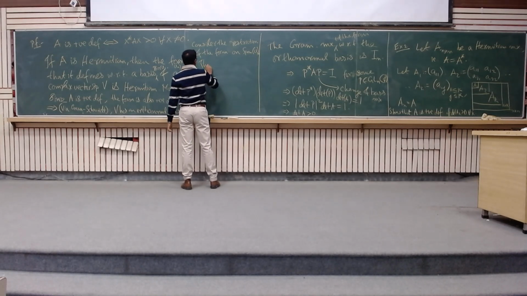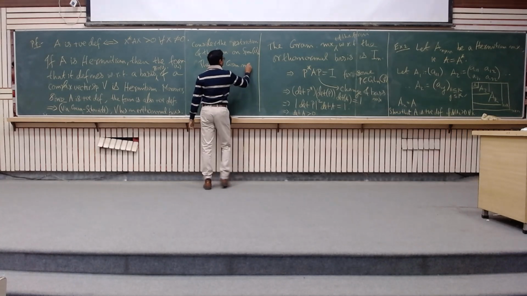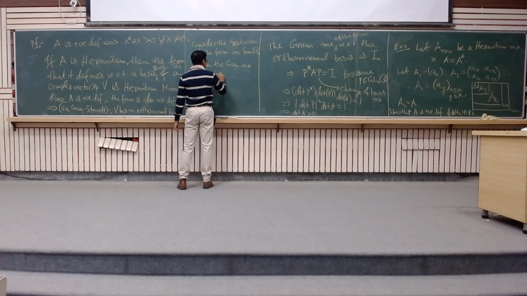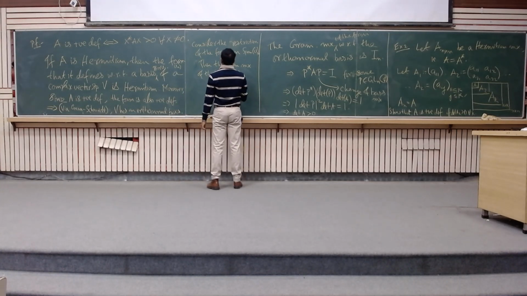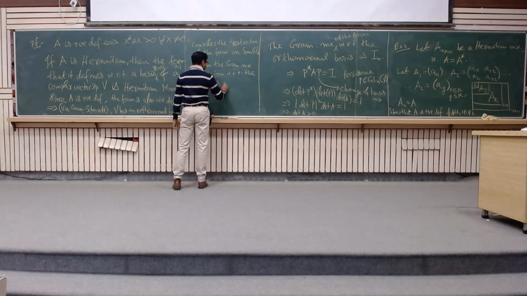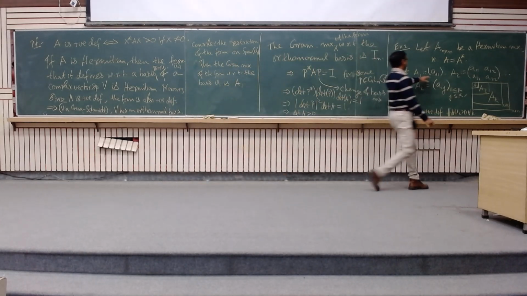Then the Gram matrix of the form with respect to the basis V1 is just A1, where A1 was defined here. It's just A11.